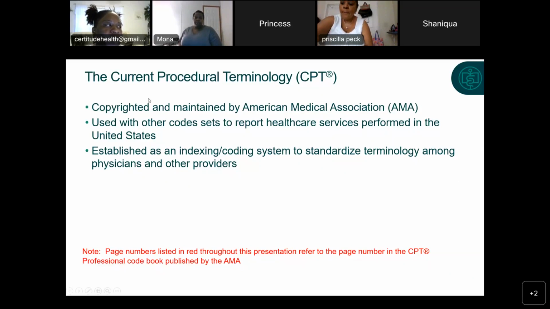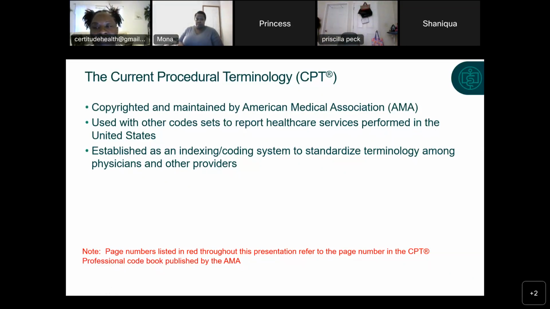So this book is published by the American Medical Association, and this is with code sets to report healthcare services performed in the United States. Other countries use other types of coding systems.